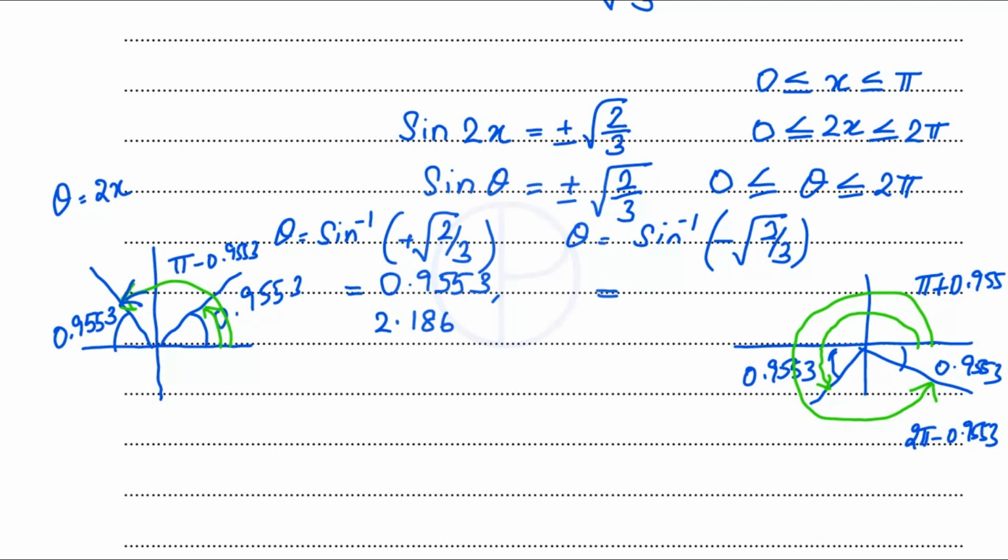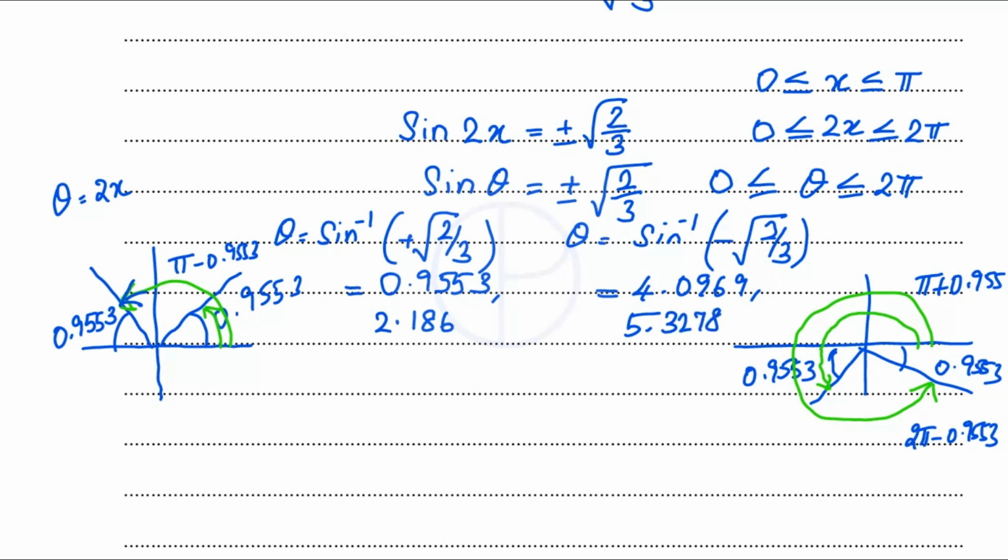So the solutions are pi plus 0.9553, which is 4.0969, and the next solution is 2 pi minus 0.9553, which is 5.3278.